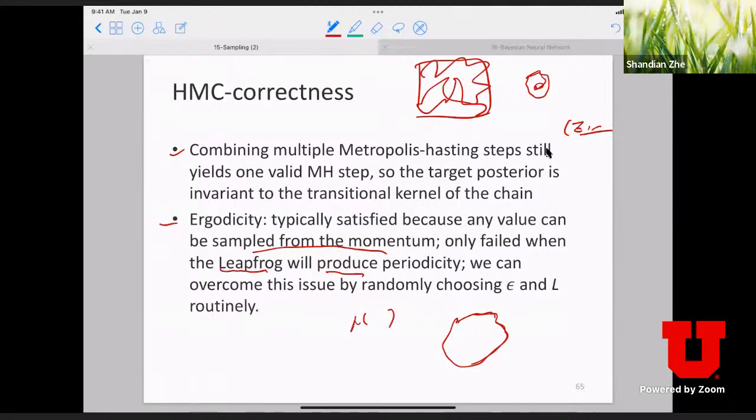In that case, we can overcome this issue by randomly choosing the step size and the number of steps routinely. For example, every 10 samples, we randomly adjust the step size and the number of steps, and this can effectively avoid those behaviors and achieve ergodicity.